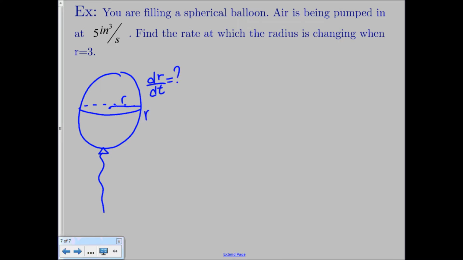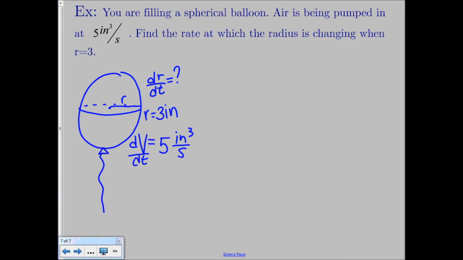But we do know that the radius is equal to 3, that's going to be 3 inches. And we know that we're pumping in air at a rate of 5 cubic inches per second. Now, cubic inches is a great indicator that it's something to do with volume, because volume is always measured in cubic units. So we know that dV/dt is equal to that 5 cubic inches per second.